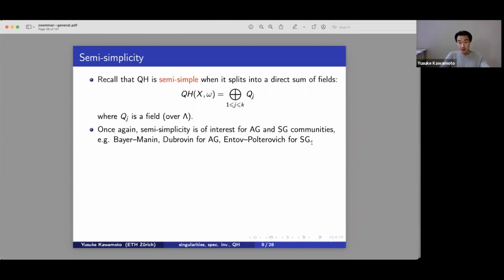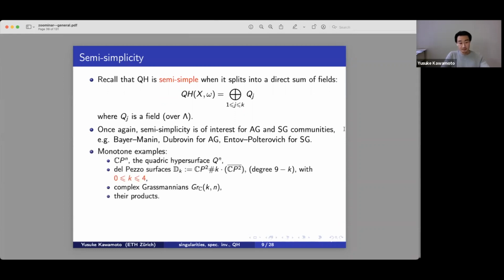I'd like to say that semi-simplicity in AG and SG means something slightly different, but not so different. I'm not going to detail that, but anyway, it's a structure that's been of interest in both communities.